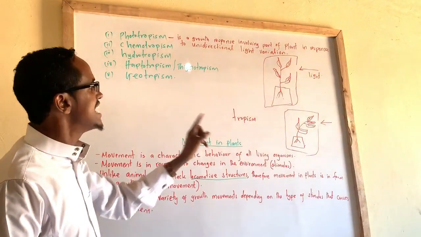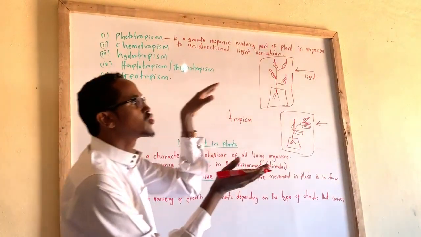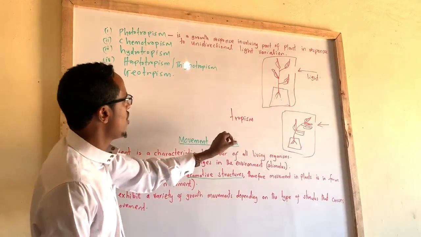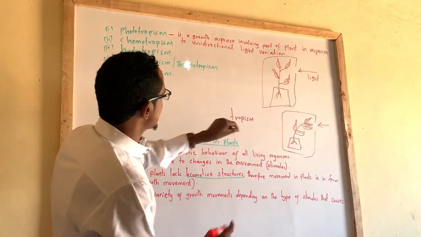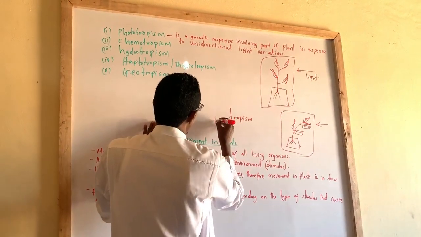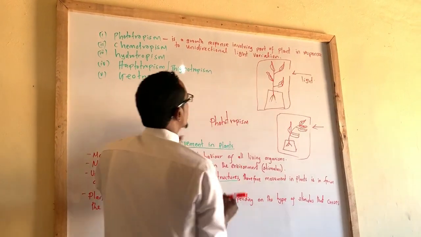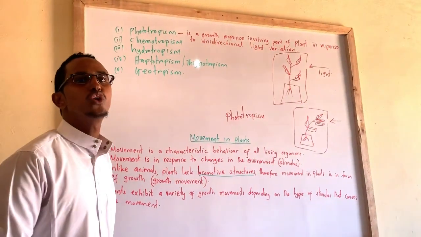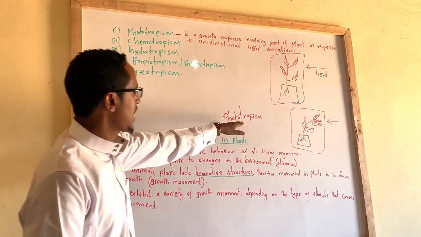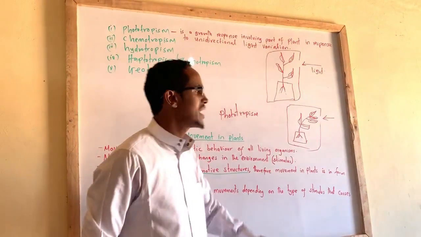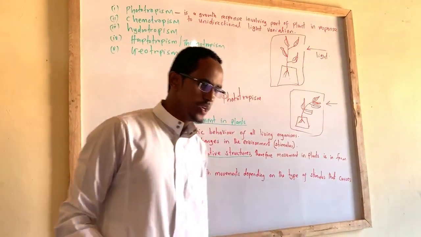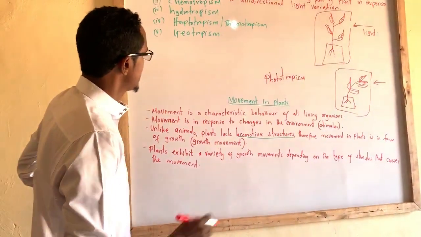Is it light? Yes, it is light that is making this plant bend and grow, and therefore it gets its name from the word light, and we call it phototropism. Photo means light, and tropism is that growth bend involving part of a plant in response to directional variation in light intensity.